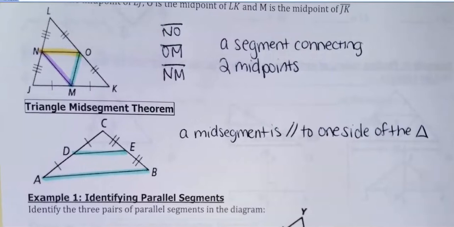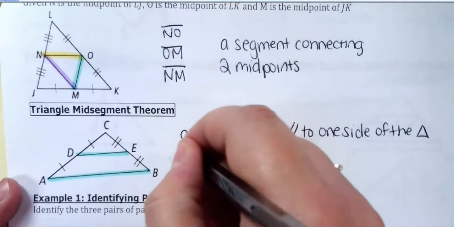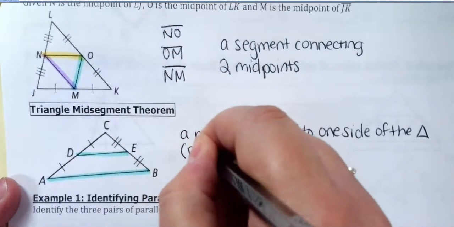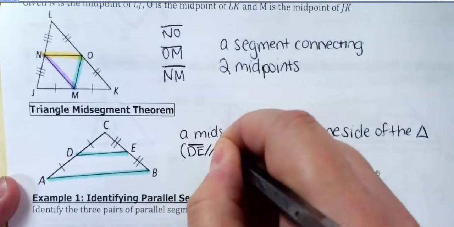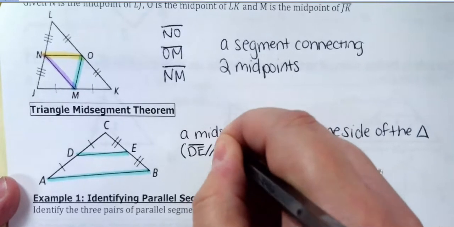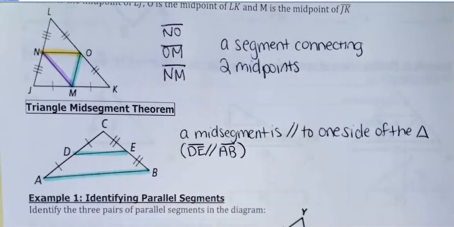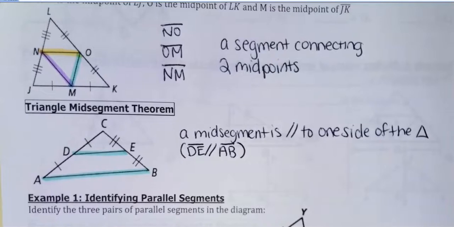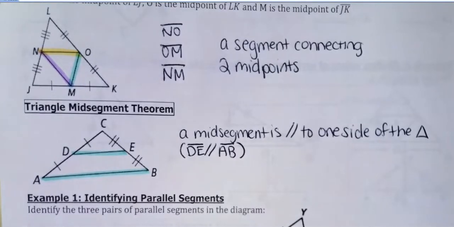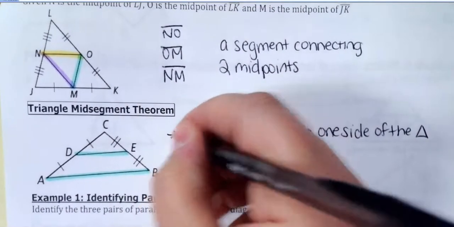In the drawing right there, the side that DE is parallel to is going to be AB. That's why I highlighted both of those. So in this, if you want to use this like as a little example, DE, that's the mid-segment, is parallel to AB. That's the side in the triangle, just as an example for that picture.